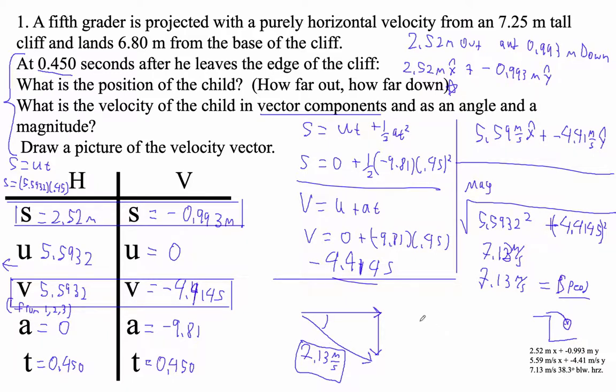And then the angle there is going to be tan inverse. This side is 5.5932, and this is 4.4145. So it's going to be 4.4145 over 5.5932, opposite over adjacent.